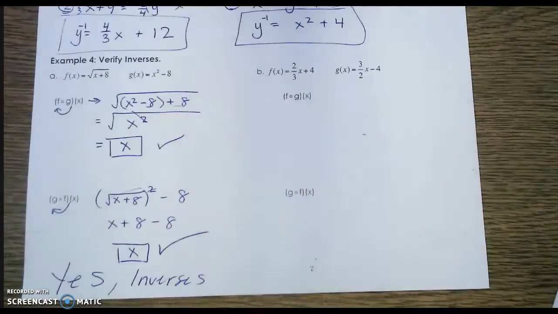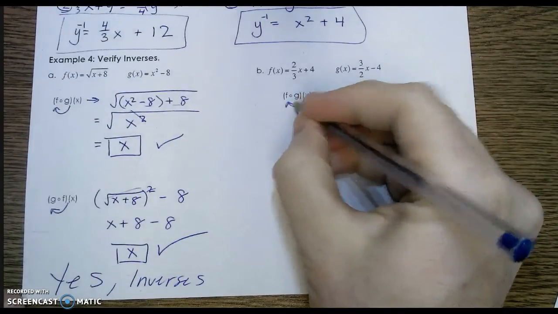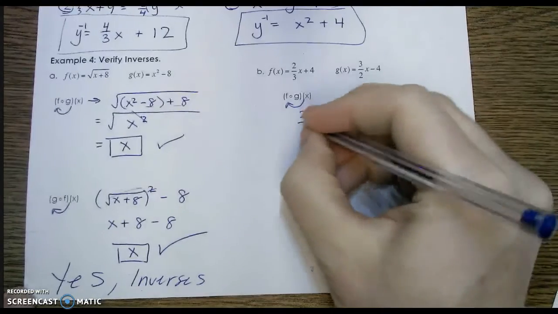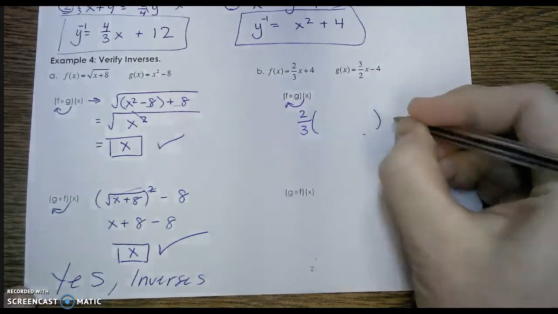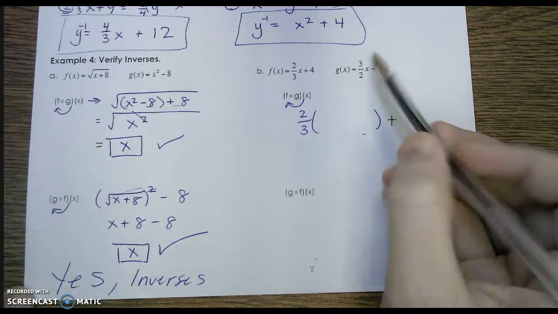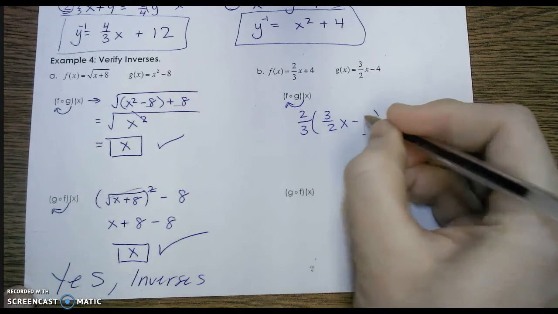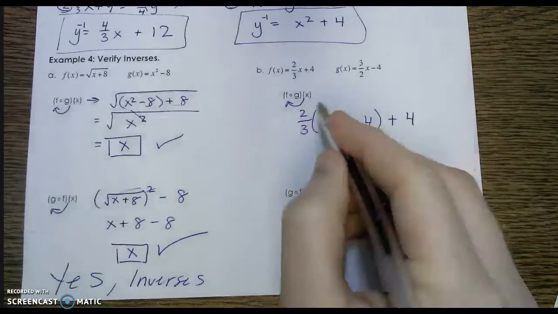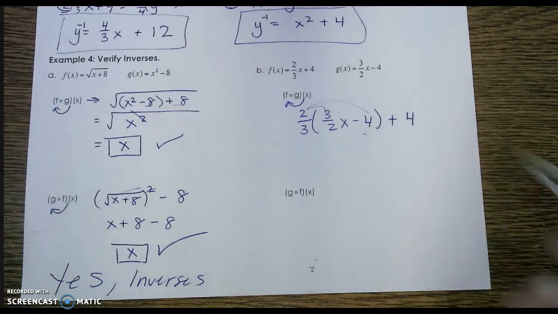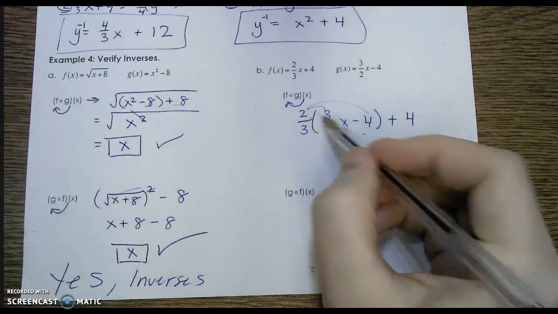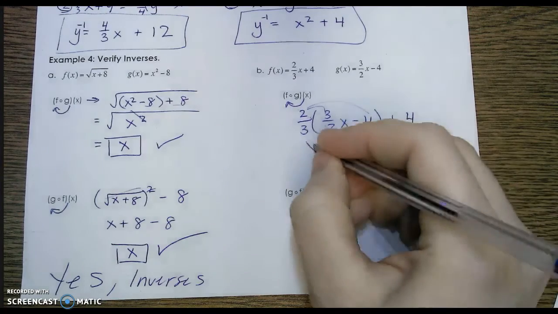For B, let's do the same thing. We're going to plug g into f. So I'm writing down the f function, leaving x alone, and now I'm going to plug g inside of it. If I distribute here, the 2's cancel, the 3's cancel, so we get x.